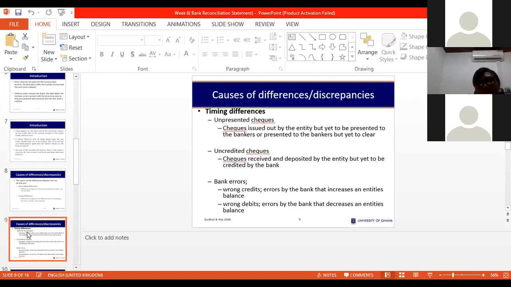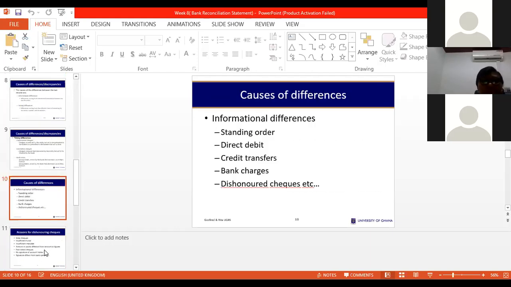Or they would put in a wrong debit. If we go for our bank statement and it is there, we would have to treat it. But later, when the banks find out, they would correct it. So these are the 3 main causes under the timing differences.